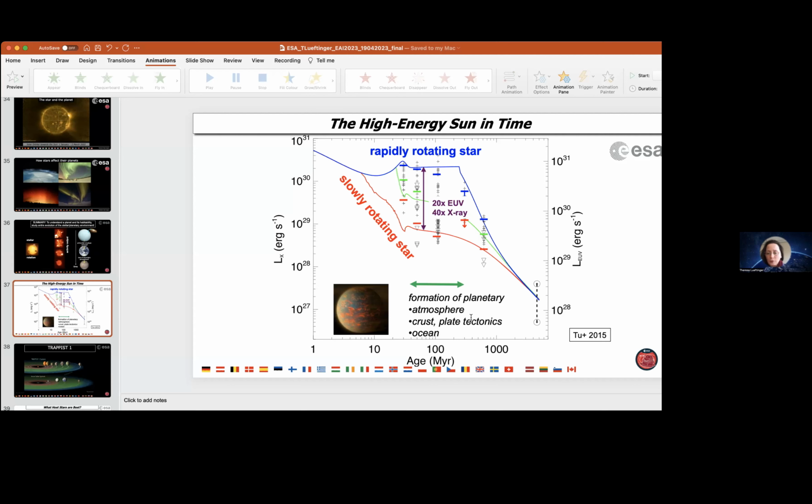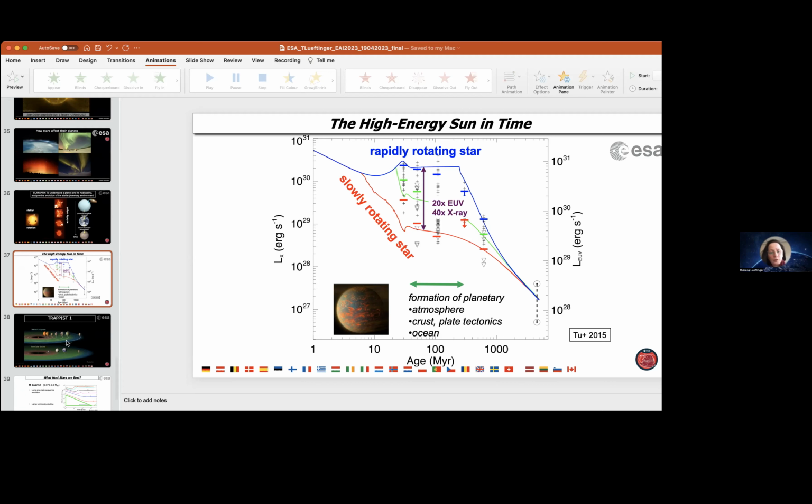What makes it so important to study and to know how active a star is and how it evolves is the fact that exactly in that time span, where these crucial differences are happening, the planetary atmosphere is forming, the crust and plate tectonics are settling in, and the oceans are there and evolving as well.